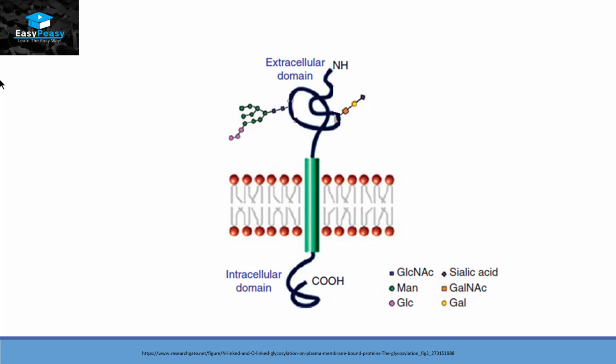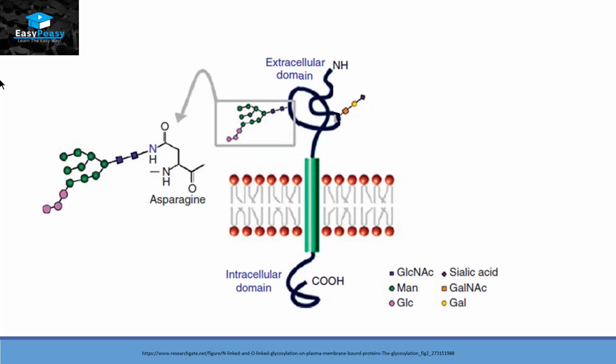Depending on the different type of amino acid involved in the attachment of glycans, we can differentiate them into 2 different categories. If the oligosaccharide is going to attach itself with the asparagine amino acid, then they will be called N-linked glycans. As you can see in this molecule, the amino group present on asparagine is directly linked in the attachment of this oligosaccharide with it.